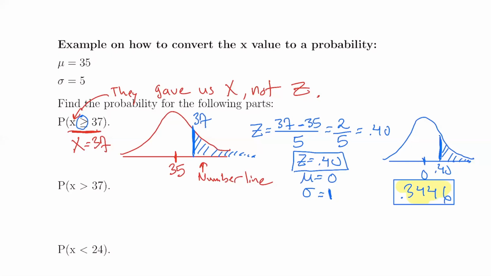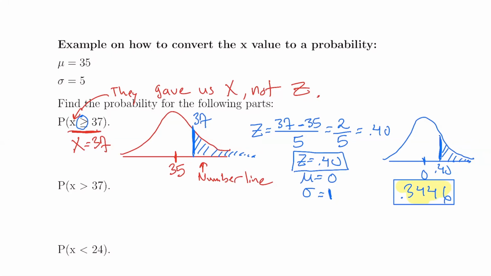Any question for that first problem? How's the standard deviation 1? Okay. So if you remember from the last problem, once you have the z-score, your mean becomes 0 and your standard deviation becomes 1.